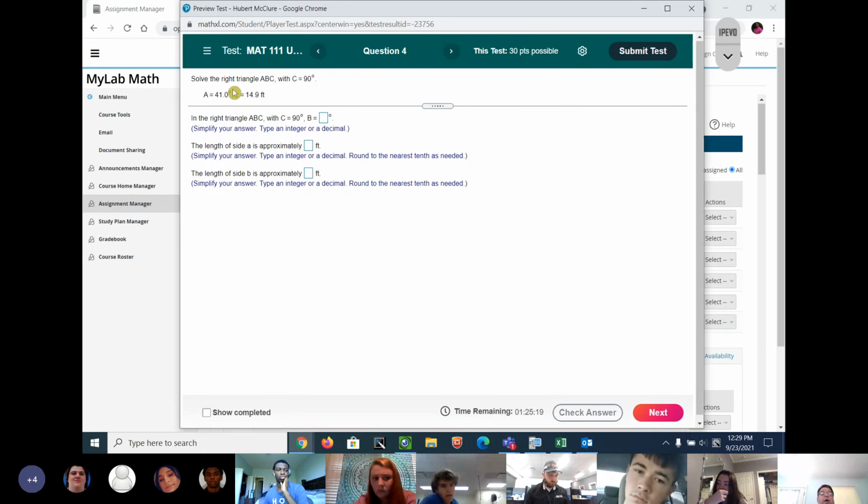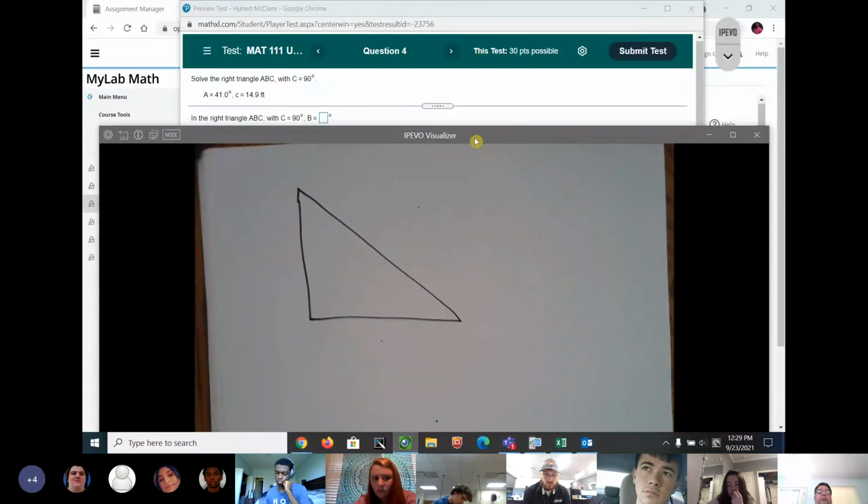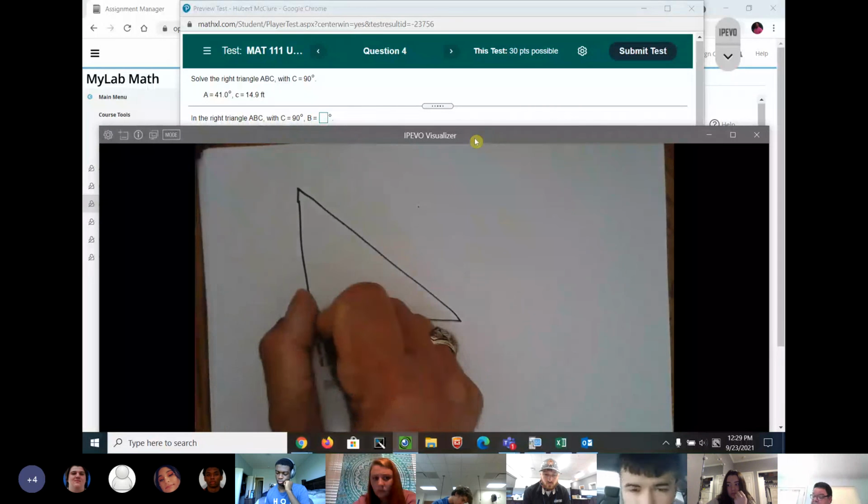Okay, solve the triangle ABC with C equal to 90 degrees. I'm trying to hurry. I know I've got like 6 minutes left. I'm drawing this. I'm going to show you how I know where to draw it, because it says angle C is 90 degrees.